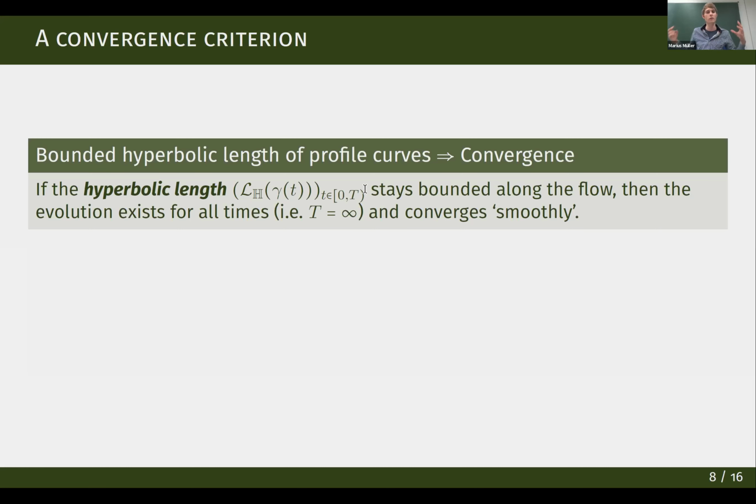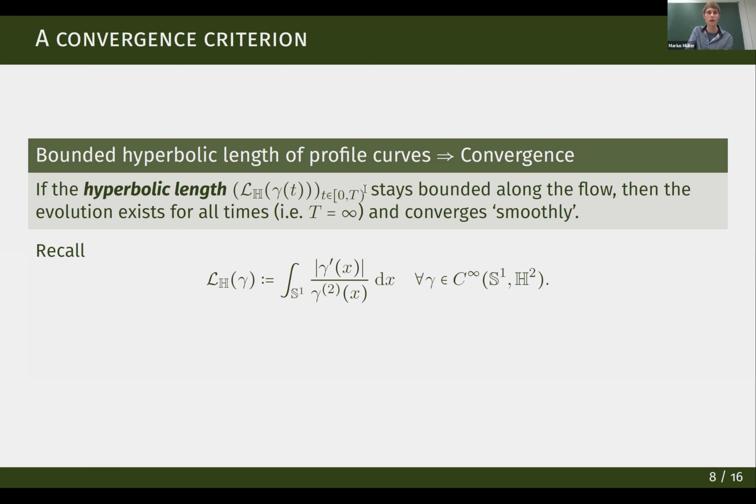So suppose you have a Willmore evolution, and you know that the length of those profile curves stays bounded for all times, then you know that this evolution exists for all times and converges smoothly. All right, this is the convergence criterion.